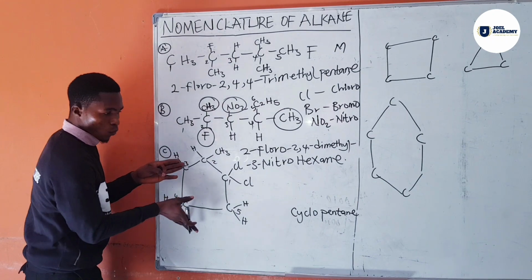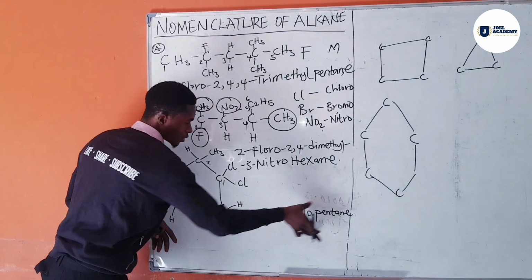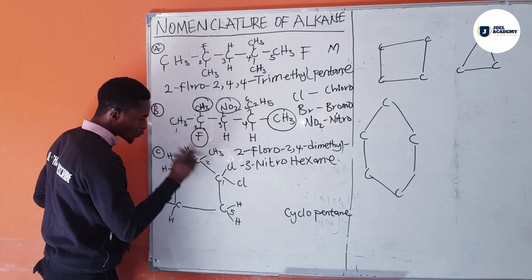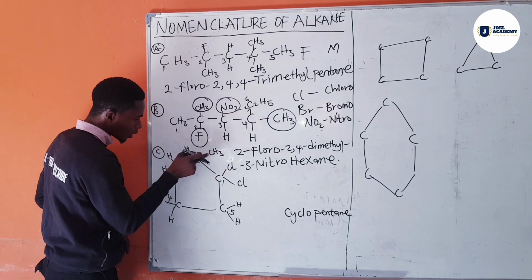Now, the parent name is cyclopentane, but the substituents here are chlorine and chlorine at position 1, and then methyl at position 2.